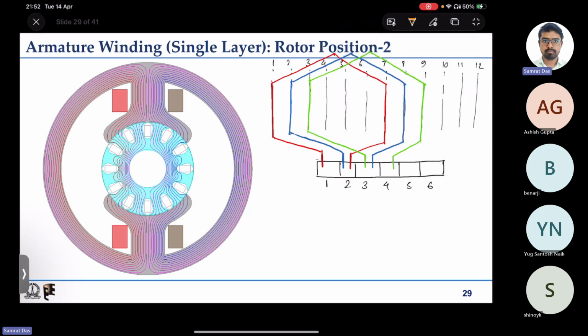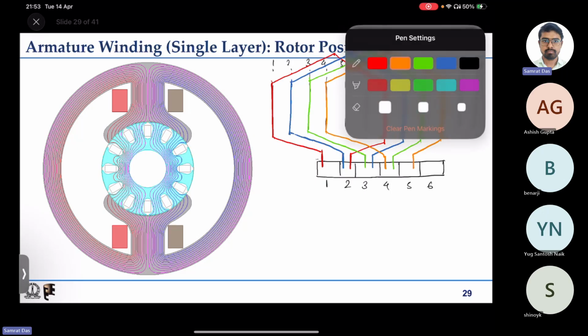Next is the orange one. This is where it will start. It will go to the fourth slot, this is the end winding part, and it will go to the 10th slot, the other coil side. It will come back and get shorted at 5.